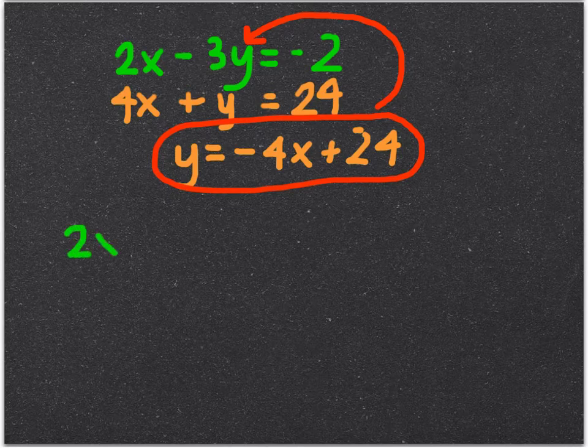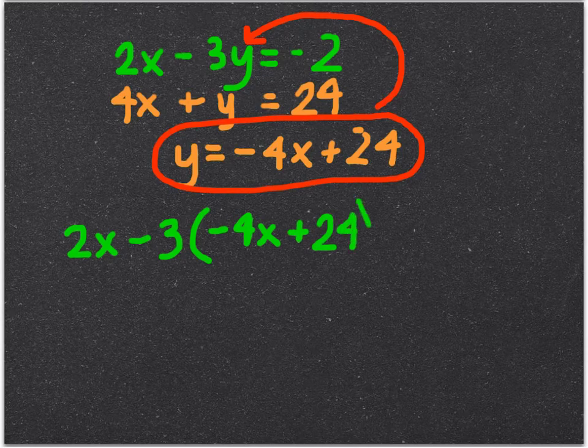So I have 2x minus 3, but now instead of writing y, I'm going to put in that expression, y equals negative 4x plus 24. And then I still have to finish out that equation. It's still going to equal negative 2. Now this is a bit of a mess, but at least you can see now that I have just one variable in this equation, so I should be able to solve it for x. Let's see what I get.